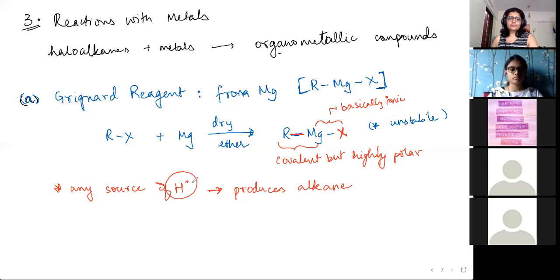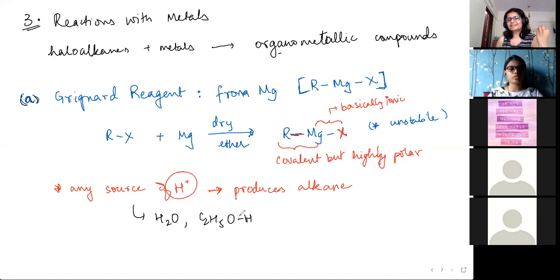Because you want H plus, intuitively you might think you need acids for this, because acids give out H plus. Now, because of the reactivity of Grignard reagent, even sources like H2O and alcohol for that matter will do. Alcohol also gives out OH, right?